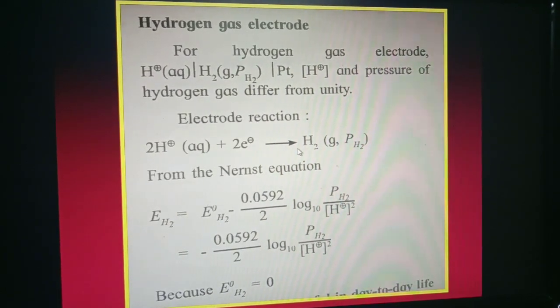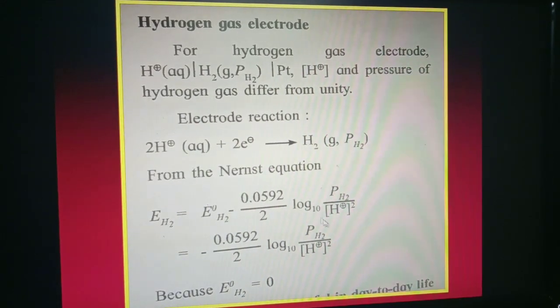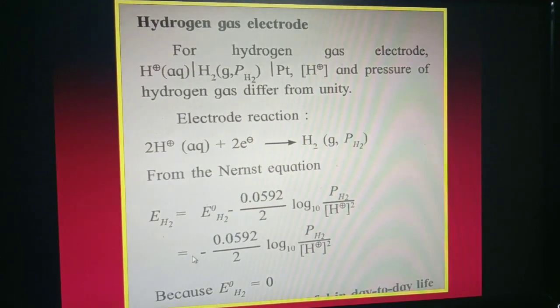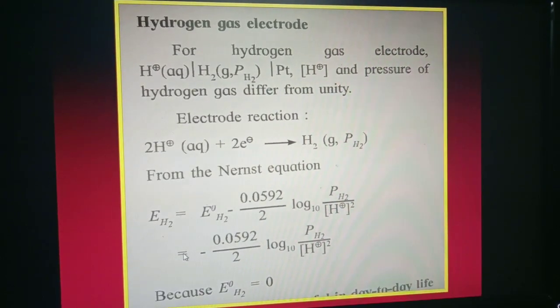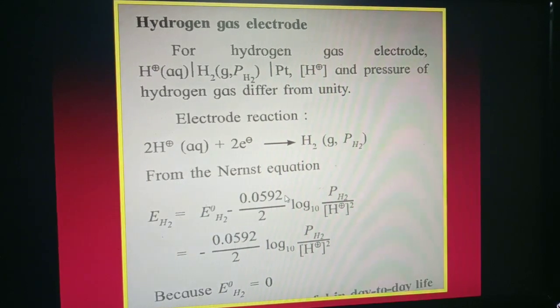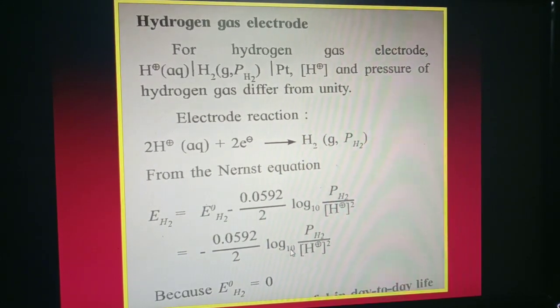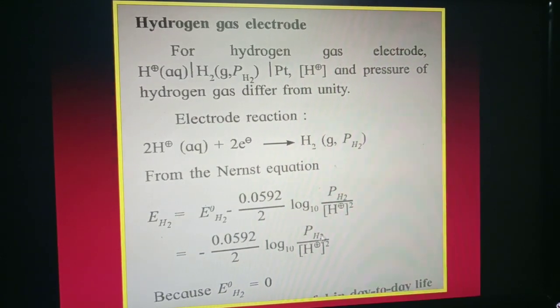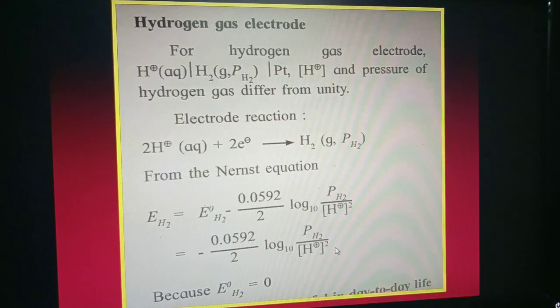On the basis of this reaction, the following values have been put up. So as E0H2 is 0, we have that equal to minus 0.0592 upon 2 log to the base of 10 pressure of H2 divided by H+ ion concentration raised to power 2.